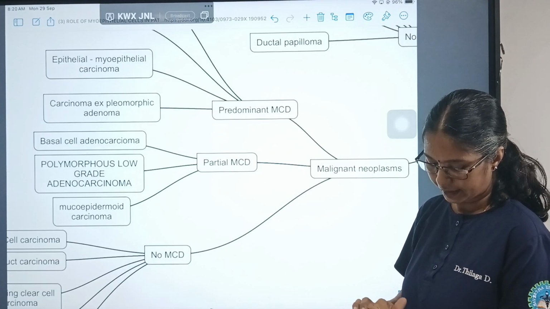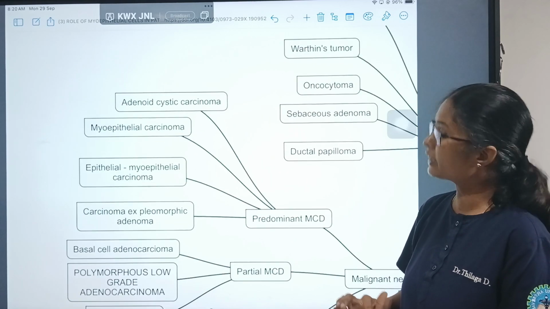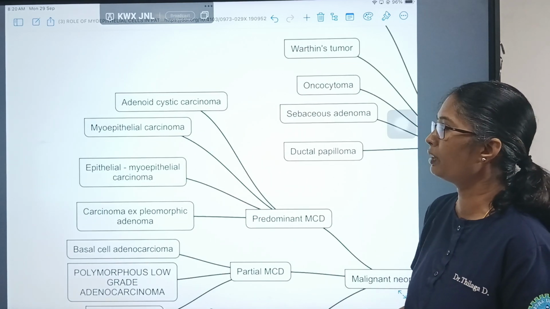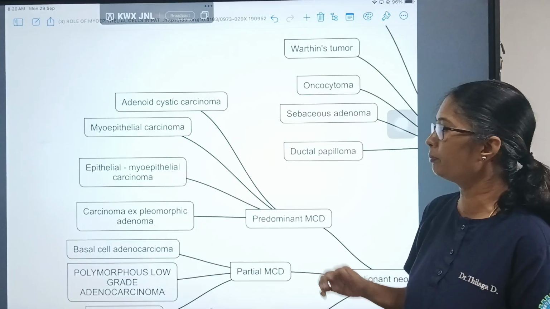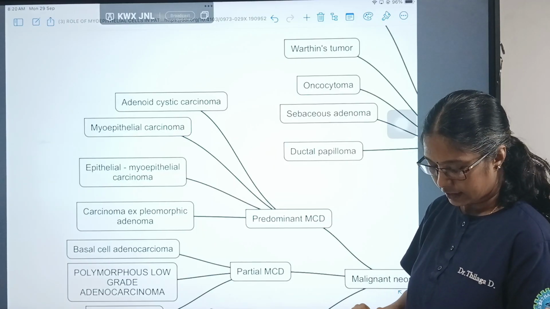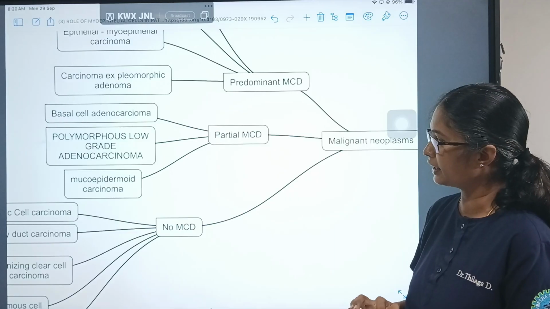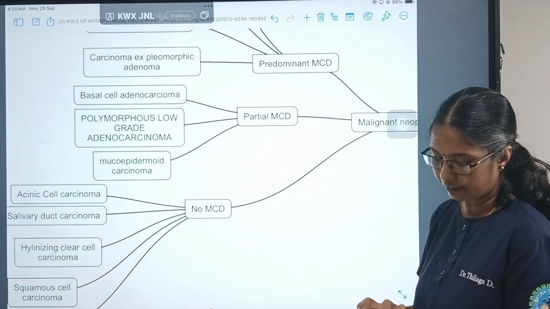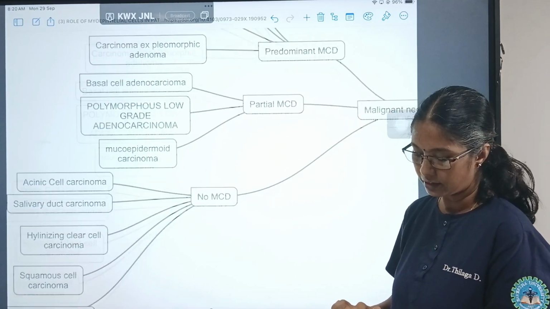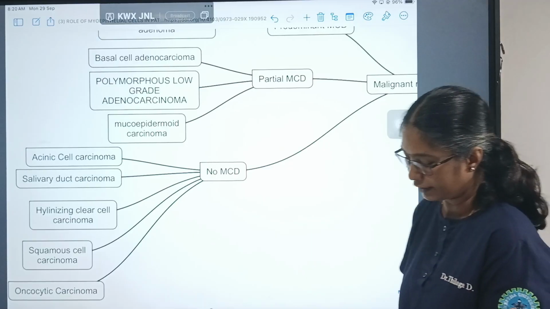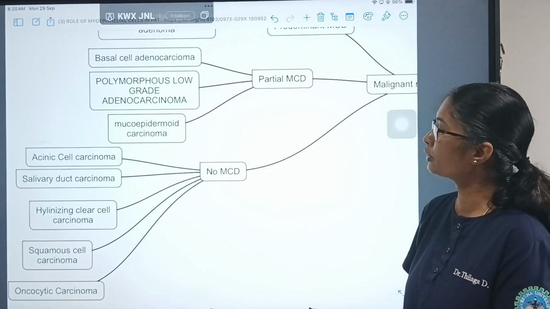Whereas in the malignant neoplasms, the predominant differentiation happens in adenoid cystic carcinoma, myoepithelial carcinoma, epithelial myoepithelial carcinoma, and carcinoma ex pleomorphic adenoma. Partial differentiation is found in basal cell adenocarcinoma, polymorphous low-grade adenocarcinoma, and mucoepidermoid carcinoma.